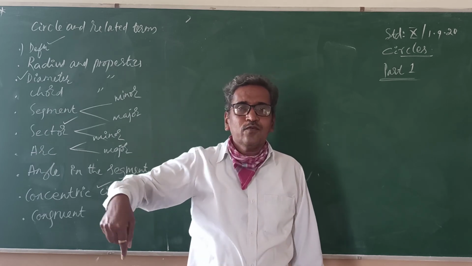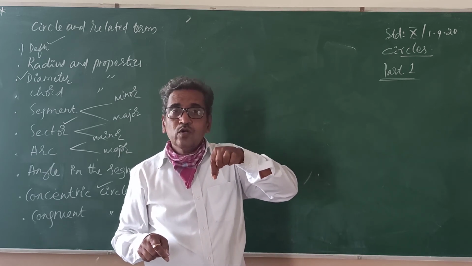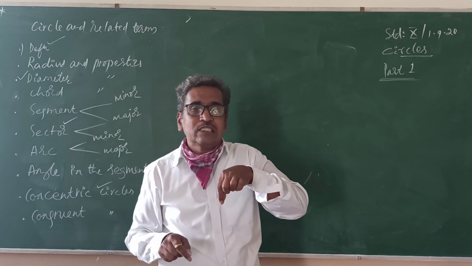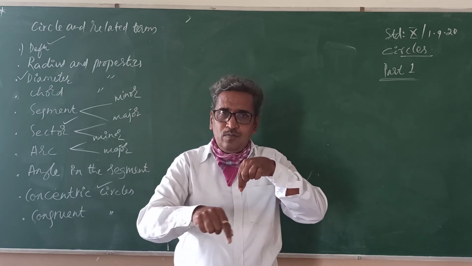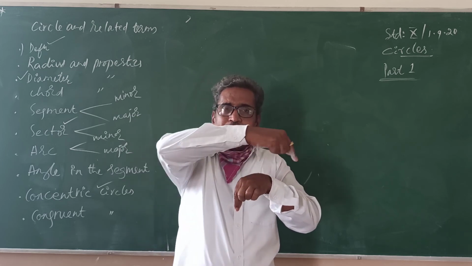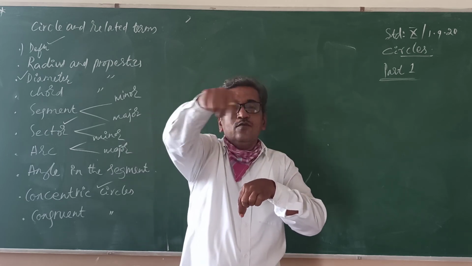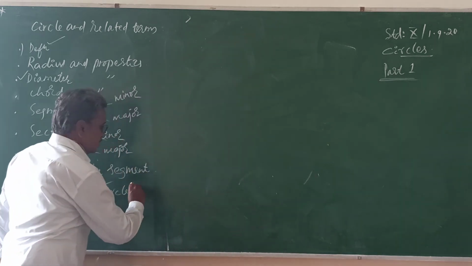The point where the stone is dropped is the center, and then a number of circles are formed. Same center with different radii are called concentric circles.